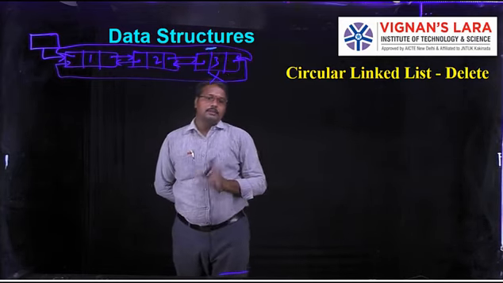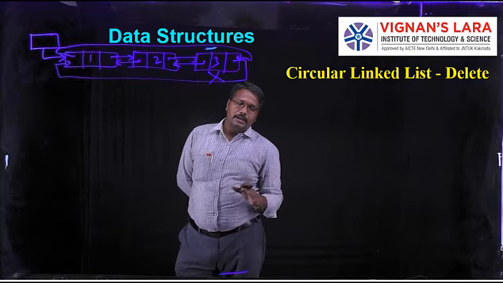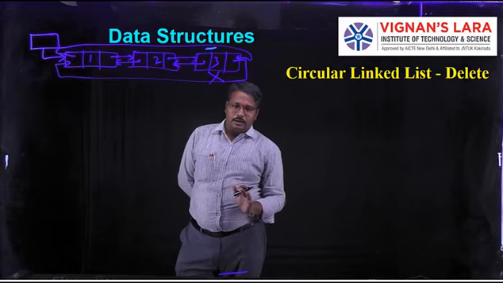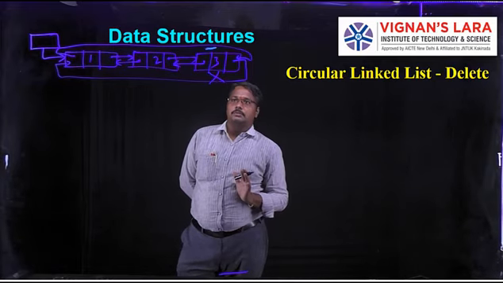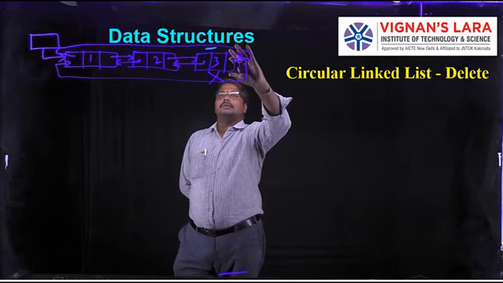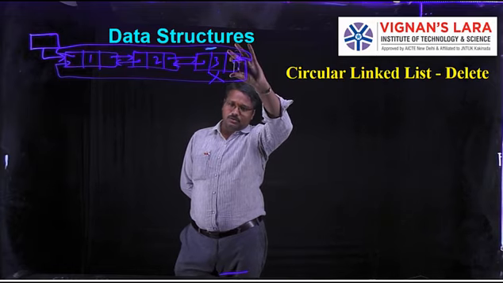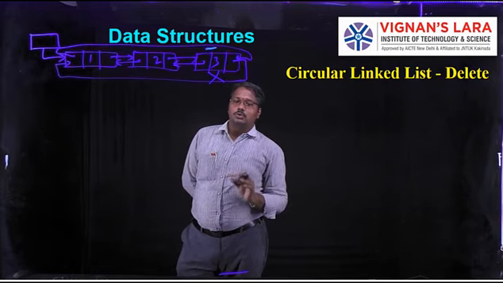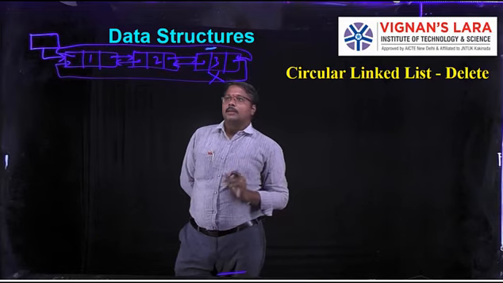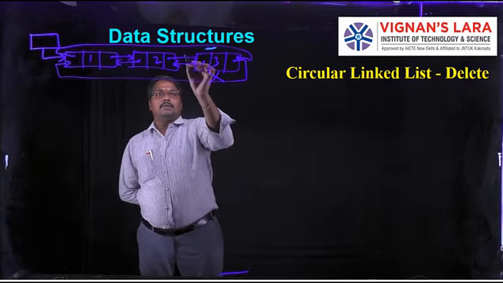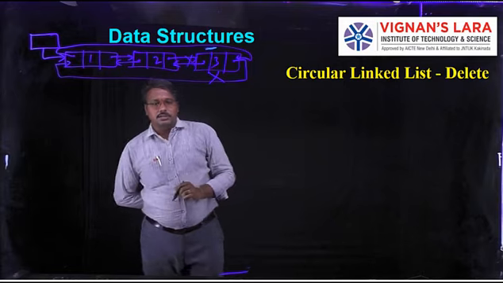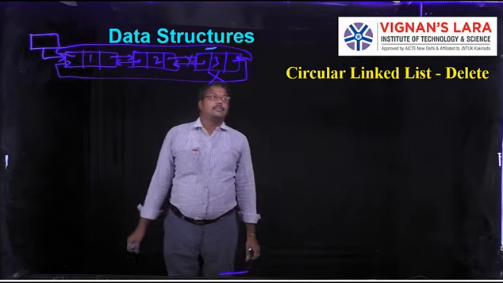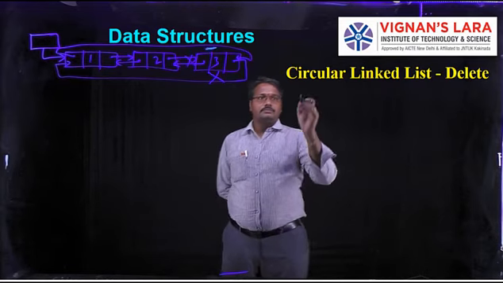So only the delete at beginning and delete at end functions change. Right now I am explaining the delete at end operation. Whenever we want to delete the last node in the circular double linked list, how to code for this? Initially we want to change these two links. So I am writing code one by one here.